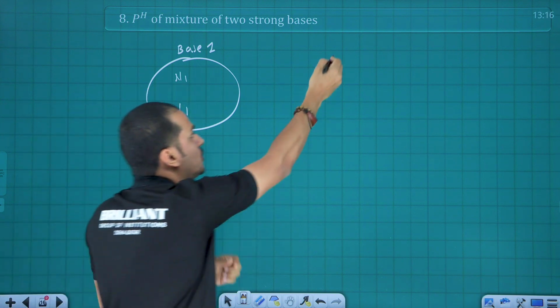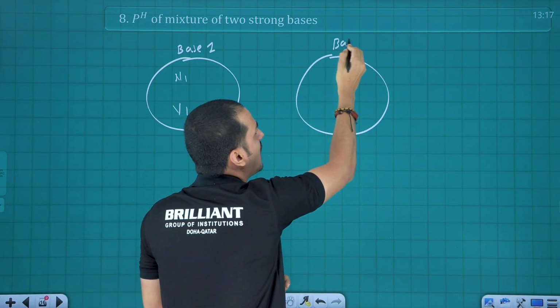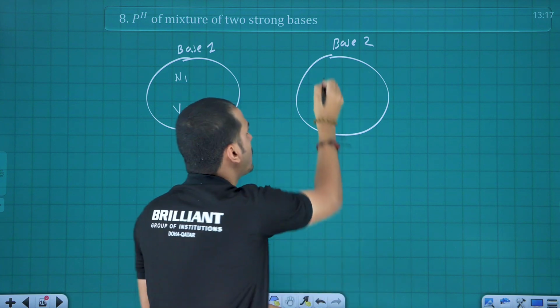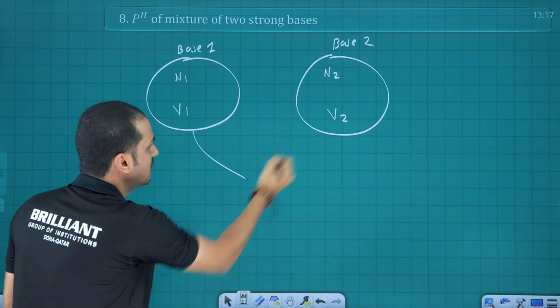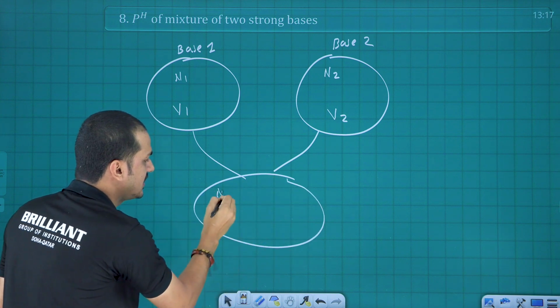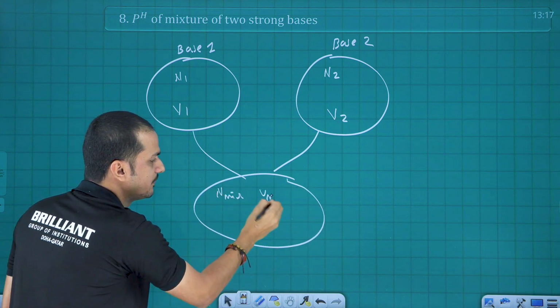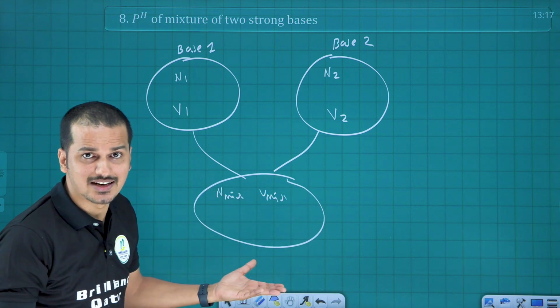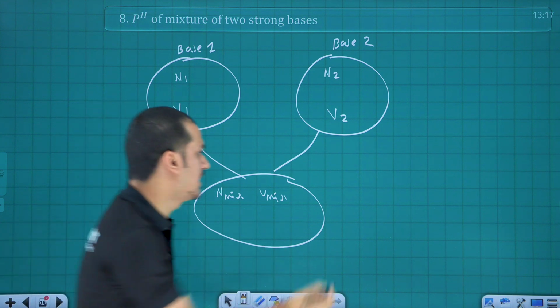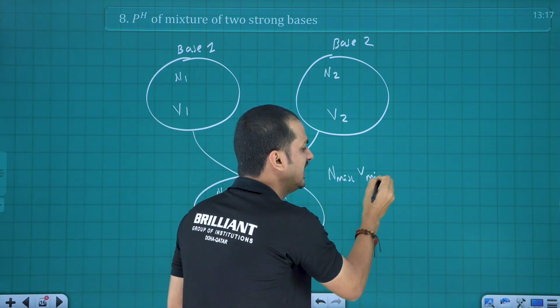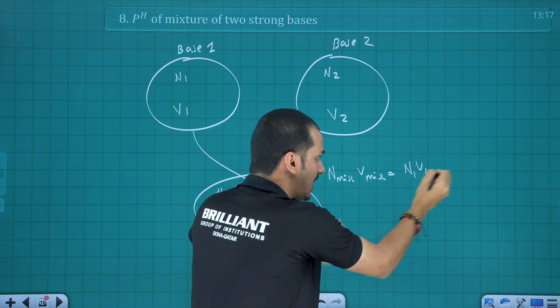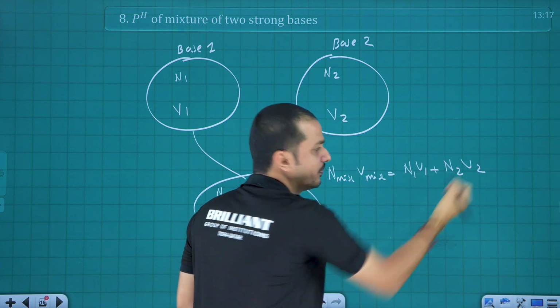And base 2 I am having. Base 2, its normality is N2, volume is V2. And after mixing, that will be N mix and V mix. Then, according to the law of millimole equivalence, what can I write? N mix into V mix equal to N1 V1 plus N2 V2.